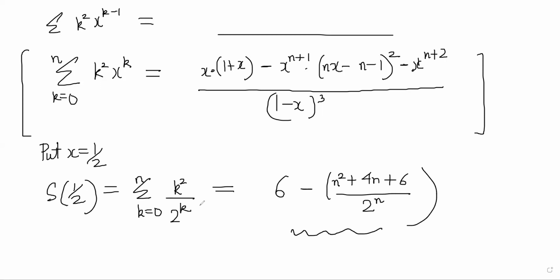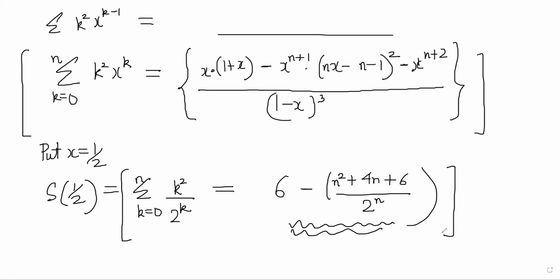So when you put x is equal to half in this expression, this is what should finally simplify and come for you, right? So just check this expression for small values of n. You can do this summation for k is equal to 0 to 3, 0 to 4, and check whether this formula is correct or not, right? Hopefully you will realize that it is correct.